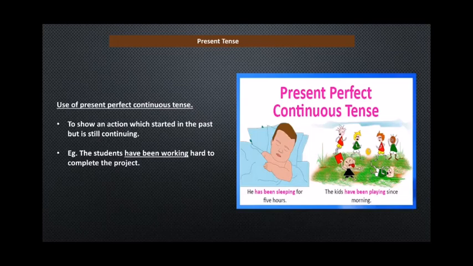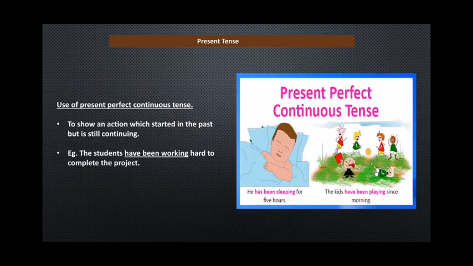Now let us do the present perfect continuous tense. First, to show an action which started in the past but is still continuing. Example, the students have been working hard to complete the project.